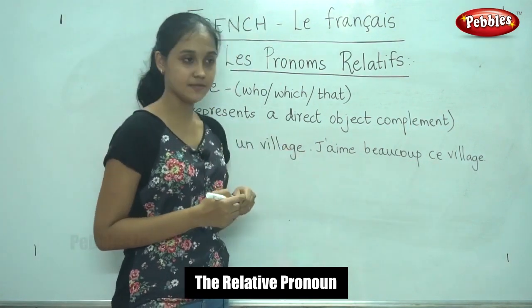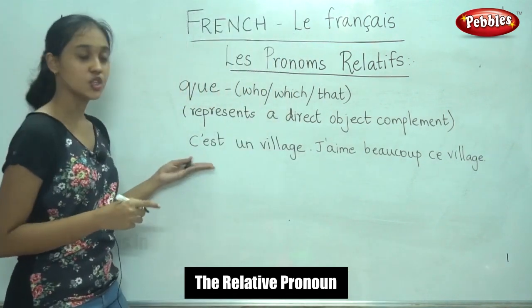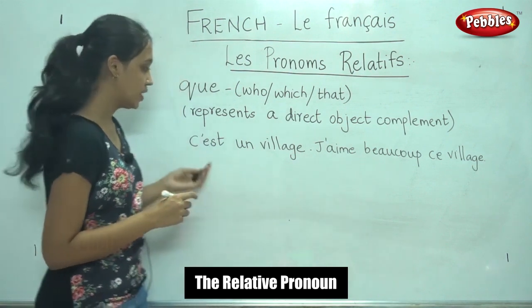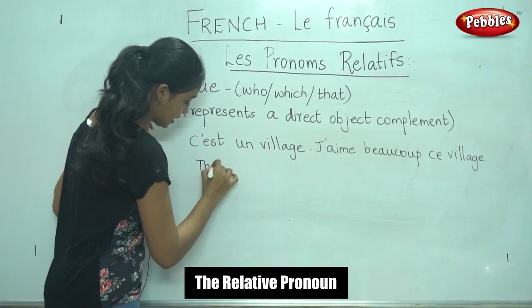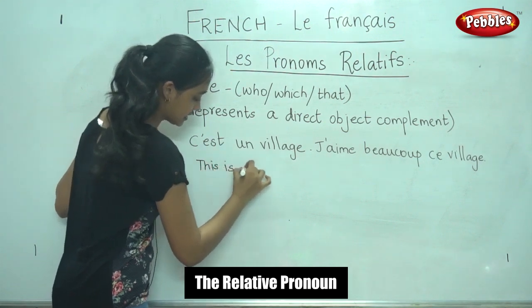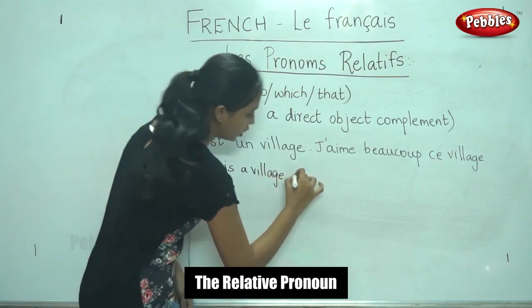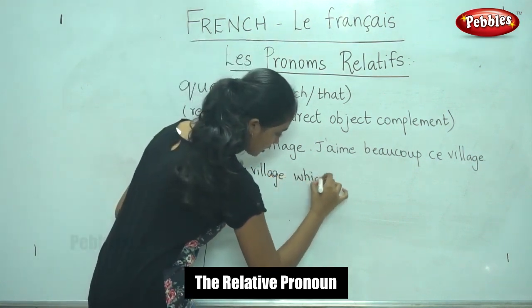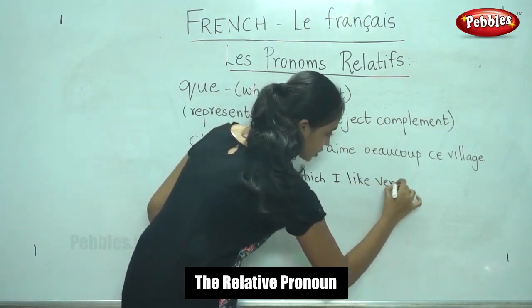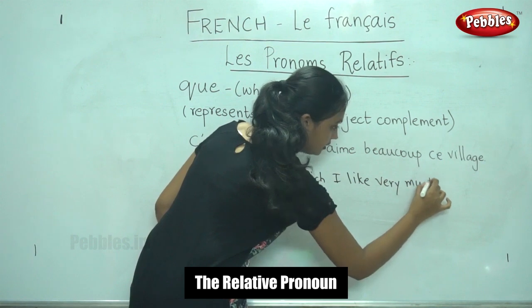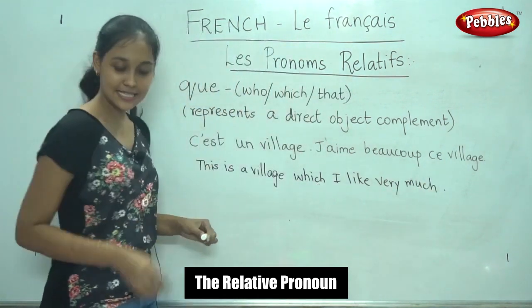So, I like this village very much. So how would we join these two sentences? So if you write it in English, you would say, this is a village which I like very much. Am I right? So this is how you would join these two sentences.